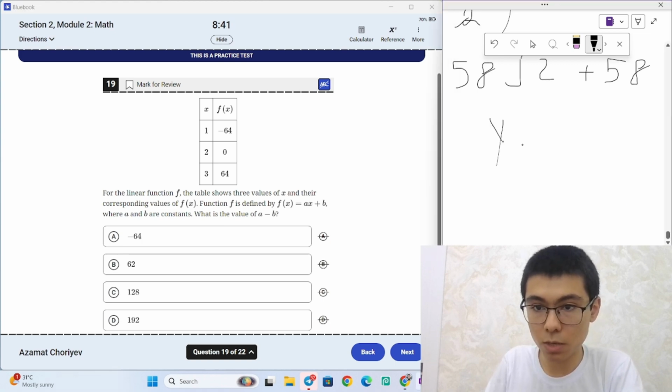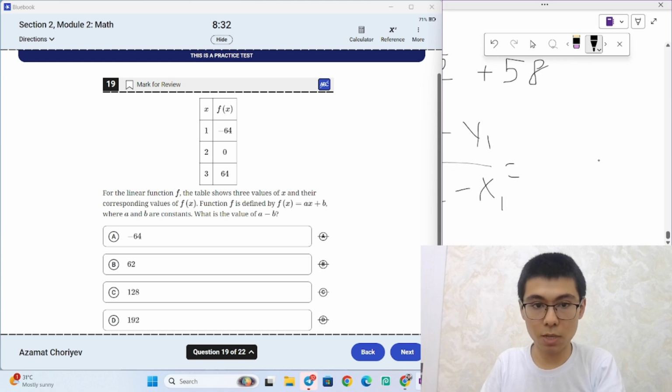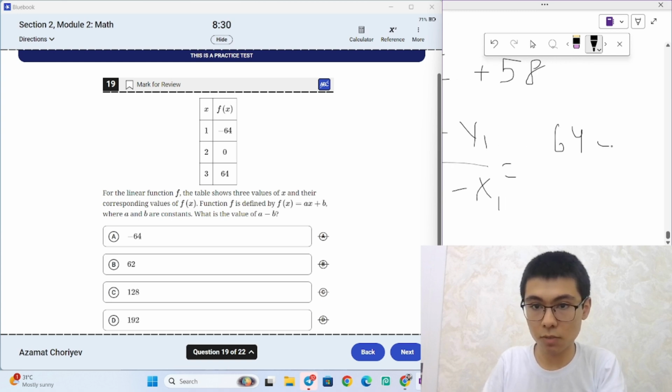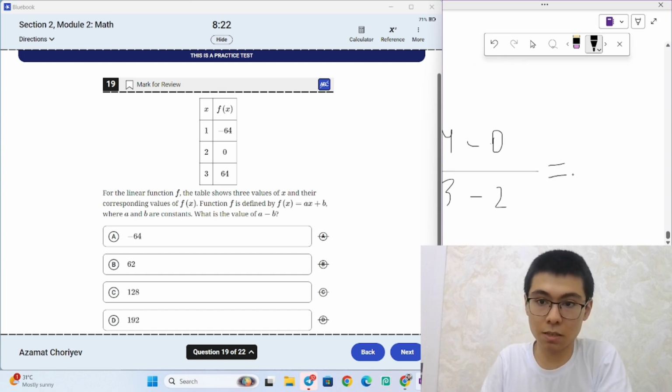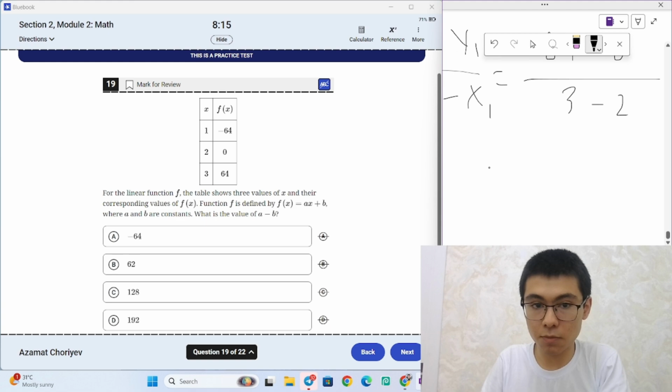Slope is y2 minus y1 divided by x2 minus x1. So I'm going to choose 64 for y2 and 0 for y1. So this is going to be divided by 3 minus 2 because it's easier, because it's still linear, right? So 64 divided by 1. So the slope is 64, so that means a is 64.